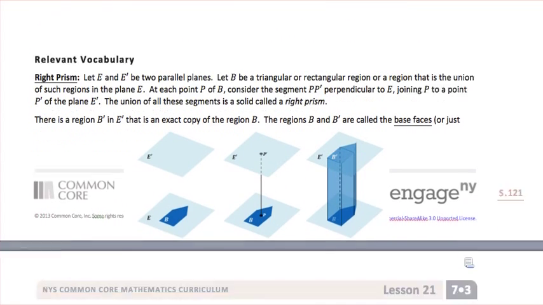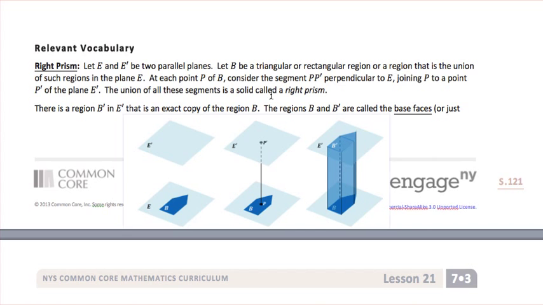In reviewing the vocabulary, a right prism is one in which the sides, the lateral surfaces, are at right angles to the base. So it's not tilted sideways one way or the other.